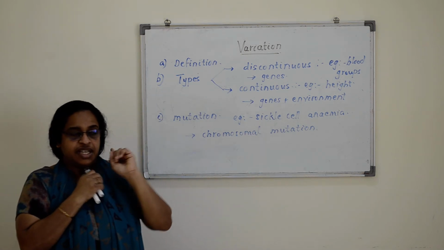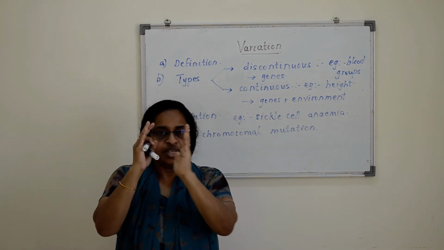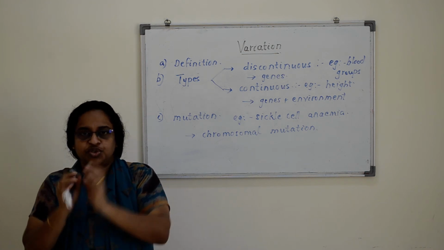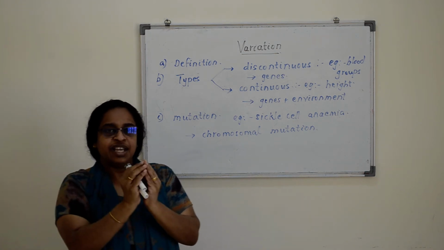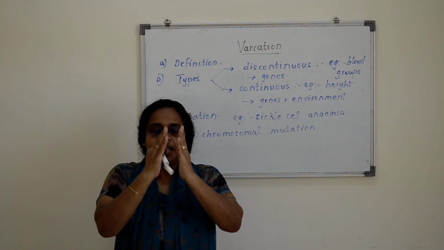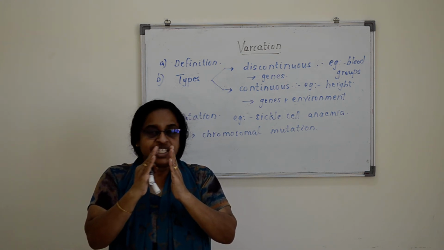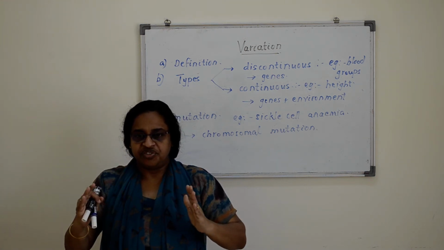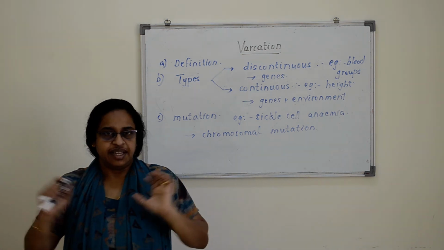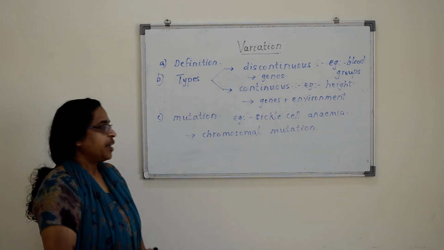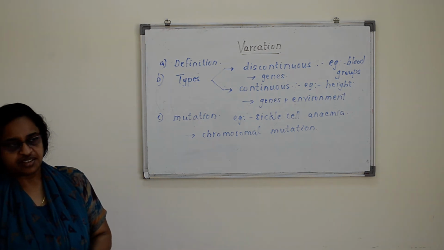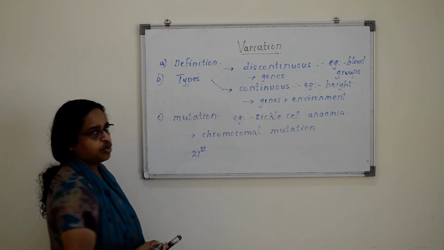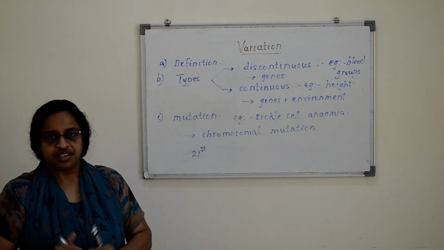When you learned the last chapter, you learned how meiosis occurs. We have 23 pairs of chromosomes in each cell, and at the time of gamete formation, the chromosomes of each pair are separated and go into daughter cells. During meiosis, sometimes the 21st pair of chromosomes does not get separated.